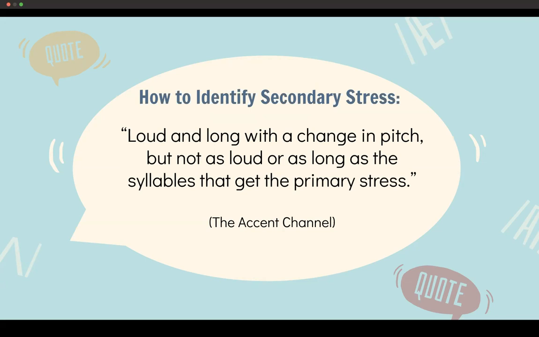But if these features are also seen to a lesser degree on another syllable in a word, that syllable may be identified as one with secondary word stress. If a syllable in a word does not have these three identifiers of loudness, duration, and change in pitch, it may be an unstressed syllable that we had mentioned on a slide previously.